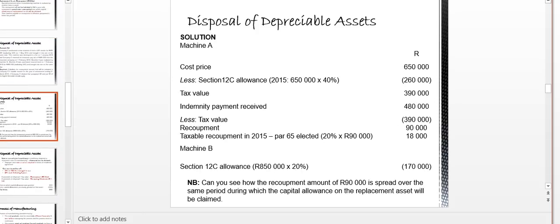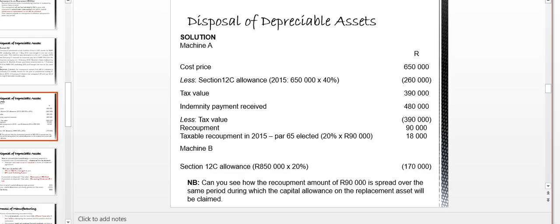So what is the cost price? The cost price is 650,000 Rand, excluding VAT. It needs to exclude VAT. Because it was a new asset, it qualifies for the Section 12C allowance.